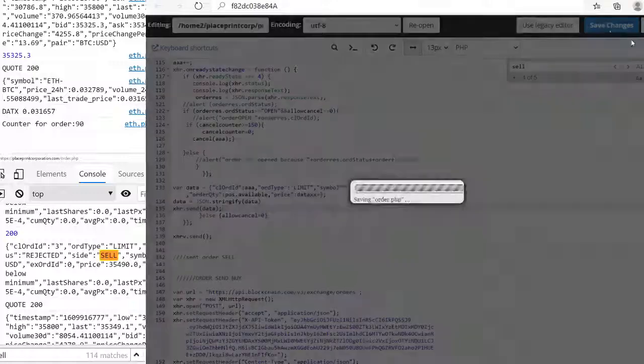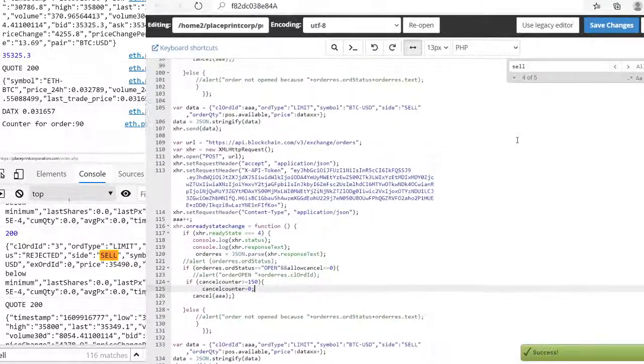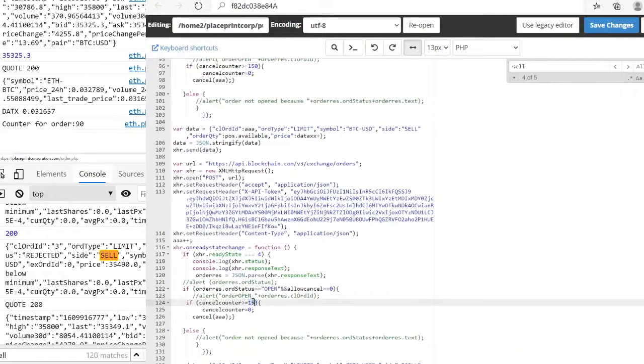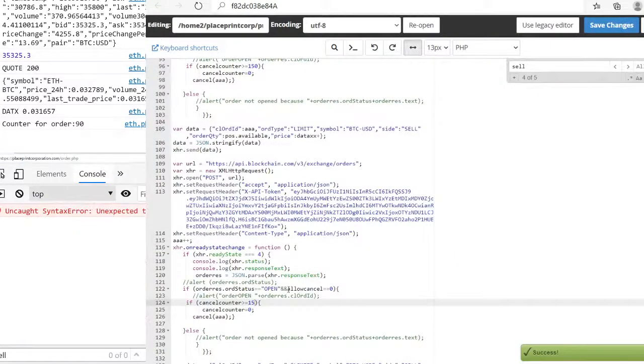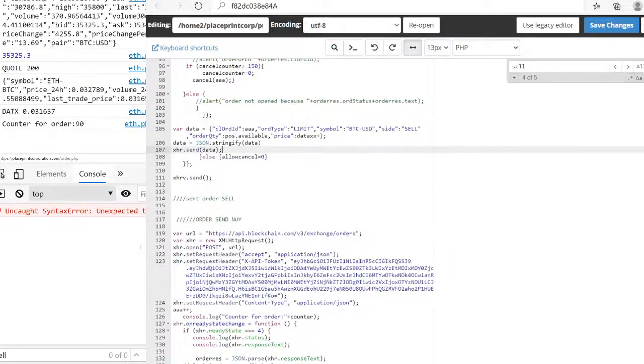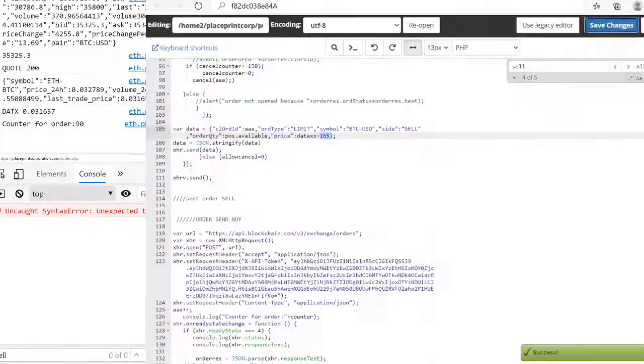Okay, good. Refresh this. Get this cancel order business back lower. Refresh this. Get some new orders in there. Oh my god, 105, 105, 105. What did we do? What is going on right now? Save. Refresh.